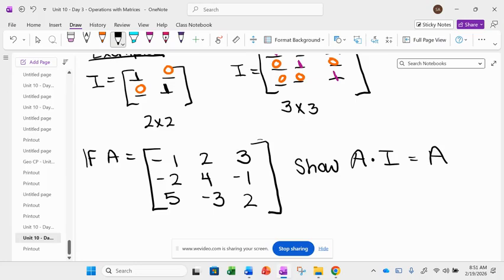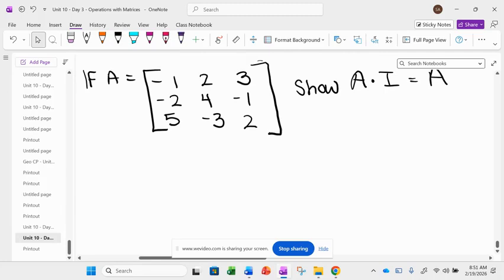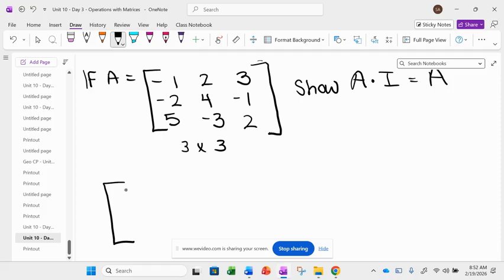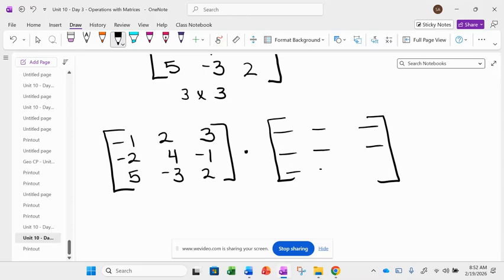The identity matrix, right? I will represent the identity matrix. So now my identity matrix has to be for a 3 by 3, since A is a 3 by 3. So we're going to have A, which is -1, 2, 3, -2, 4, -1, 5, -3, 2, times my identity matrix, which will also be a 3 by 3, with 1 on the main diagonal and 0 everywhere else.